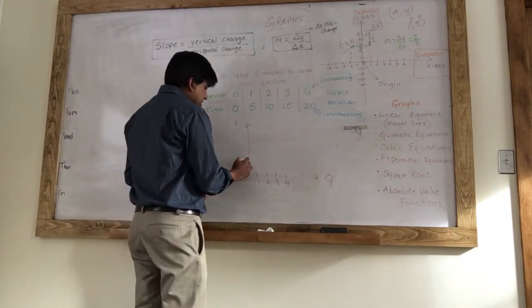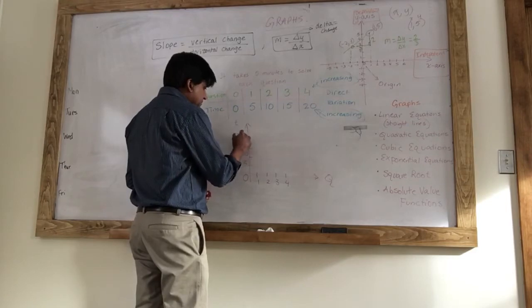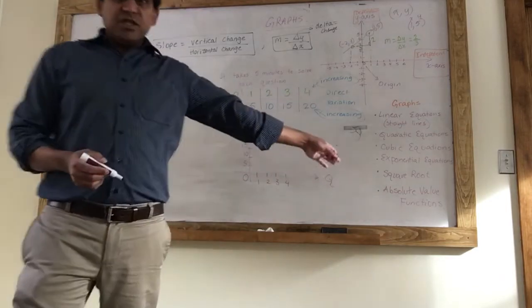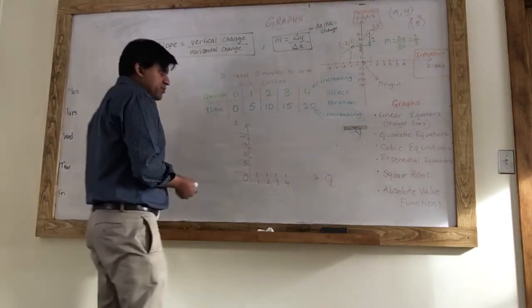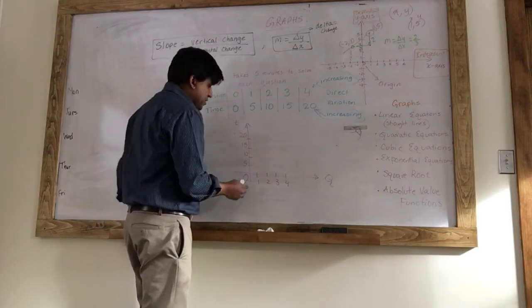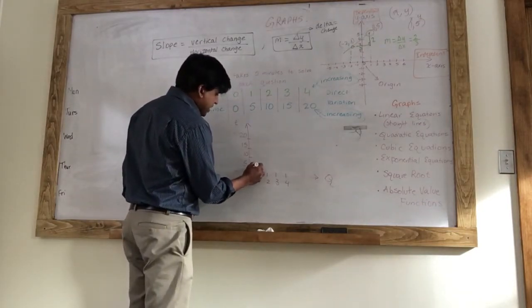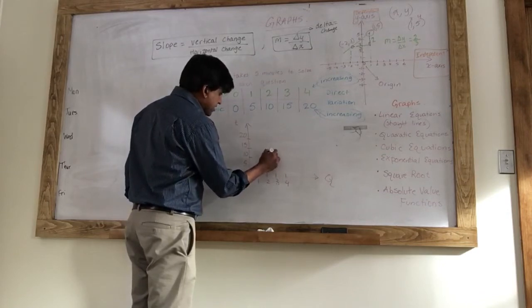And on the y-axis, I would have 5, 10, 15, 20. We could also plot the graph by putting t on that axis if we consider time as our independent variable. So let's plot this. What do we get? For 0 we get 0, then we get 5, we get 10, we get 15, and we get 20.